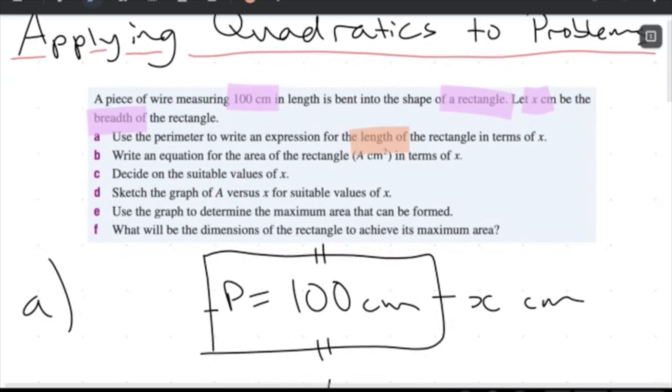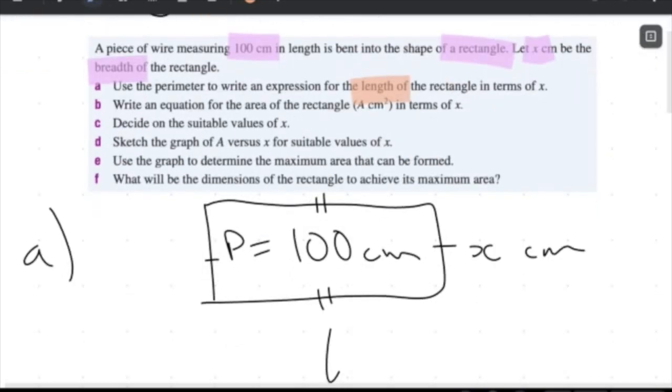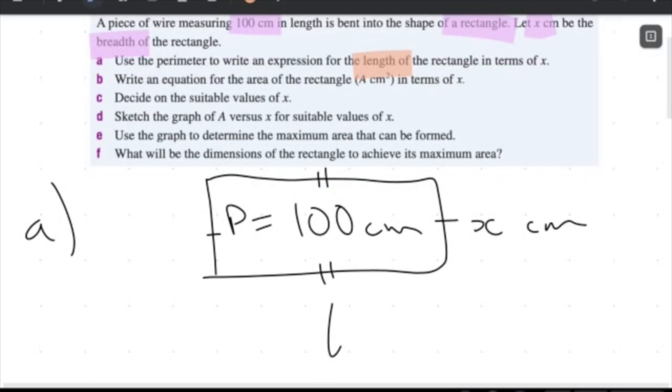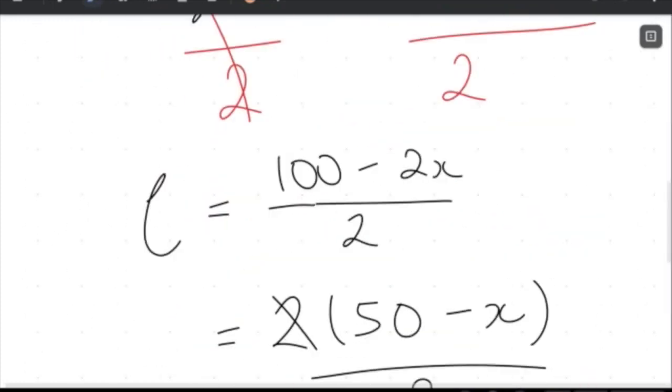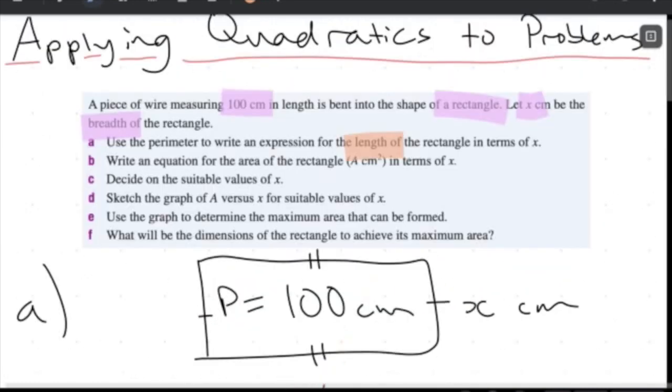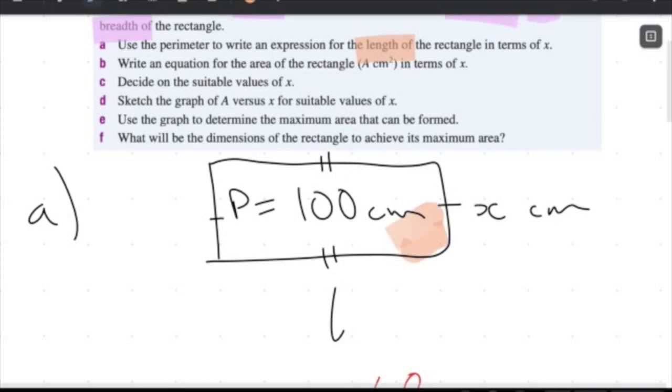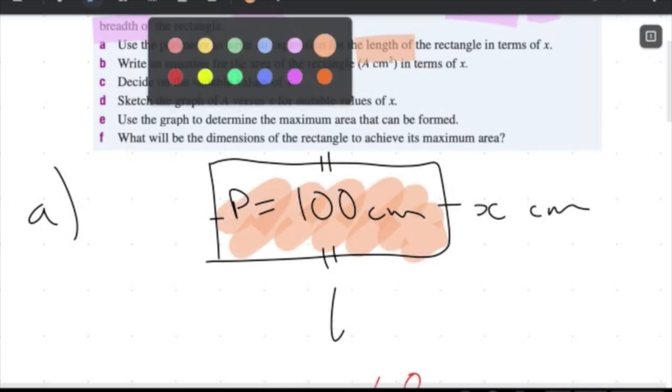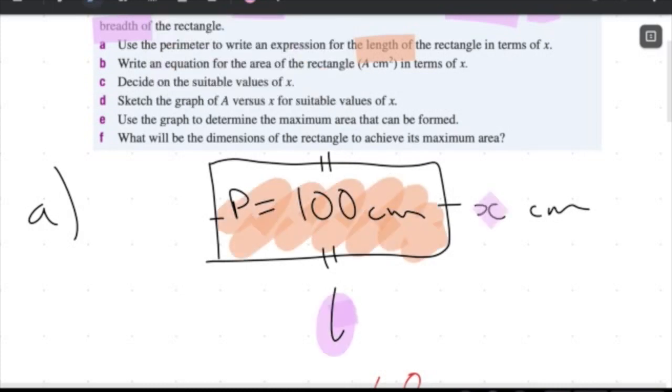Now for part B, we want to write an equation for the area of the rectangle, A centimeters squared, in terms of X. Down the bottom, we expressed my length in terms of X. And our area, this space inside, is given by my length multiplied by my breadth.